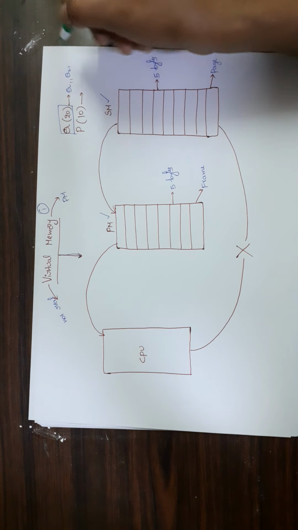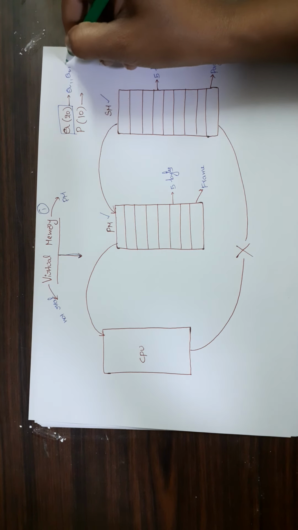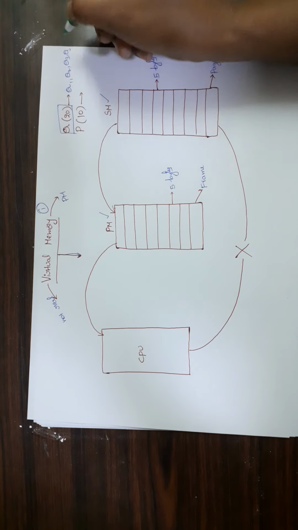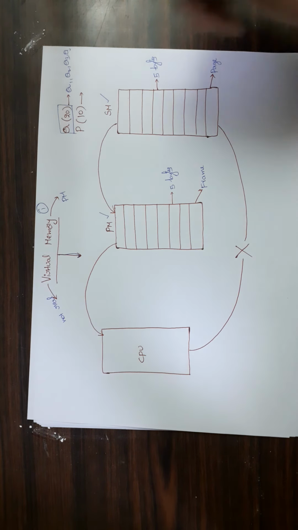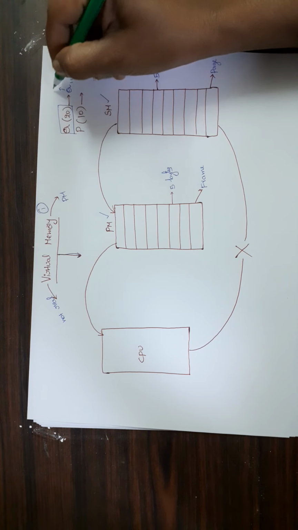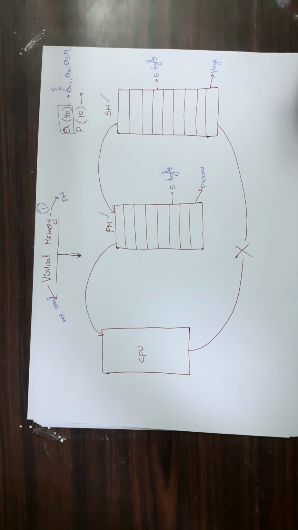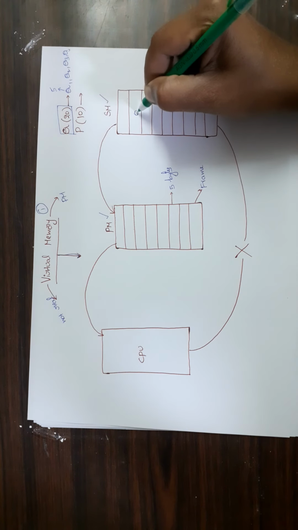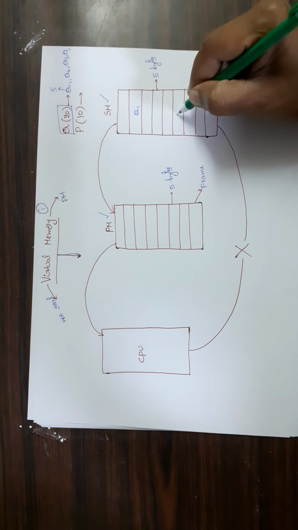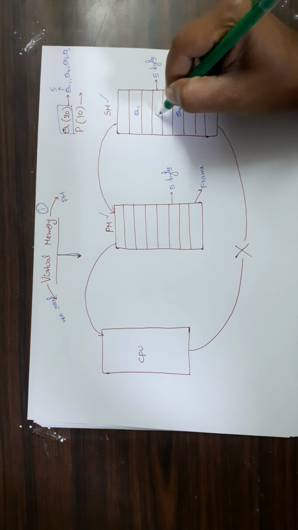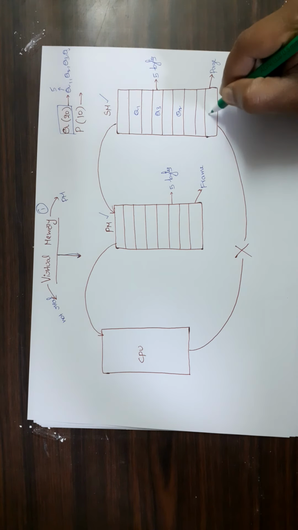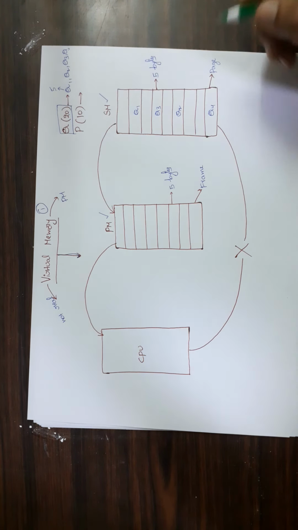Here Q1 is the first part of the process queue, Q2 is the second part, Q3 is the third part, and Q4 is the fourth part. Let us assume that the size of each part is 5 bytes. Now I can store process Q in the secondary memory like this. Q1 is stored here, Q2 is stored here, Q3 is stored here, and Q4 is stored here.